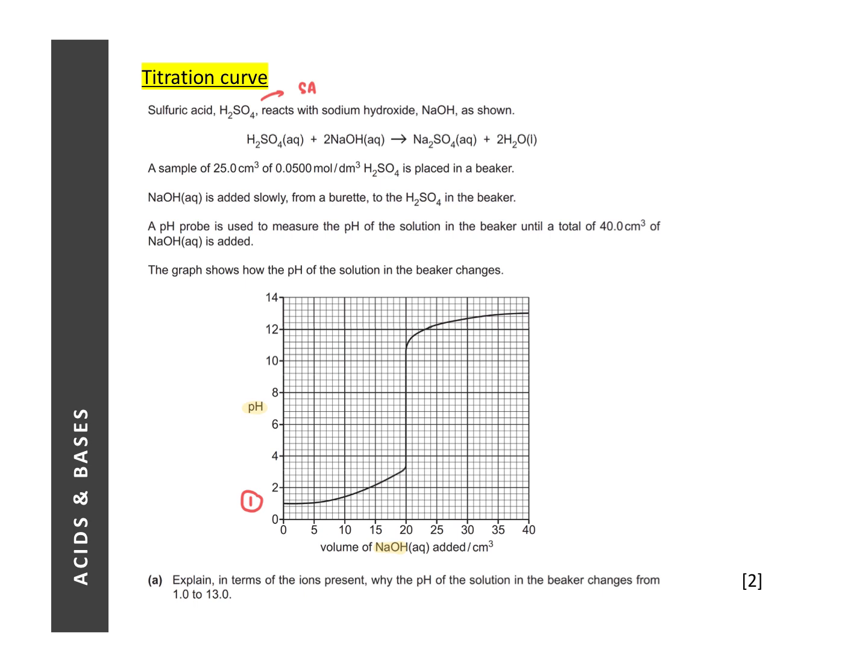The second important point would be the pH when excess of your titrant has been added, or excess of your sodium hydroxide is added. Again, the pH at this point would tell us the type of alkali that we have in the titrant. In this case, the pH is around 13, so that tells us that the sodium hydroxide is a strong alkali or a strong base.